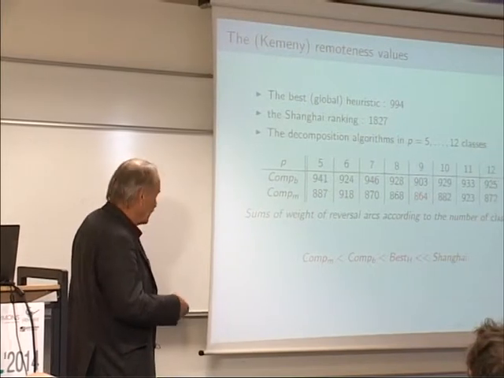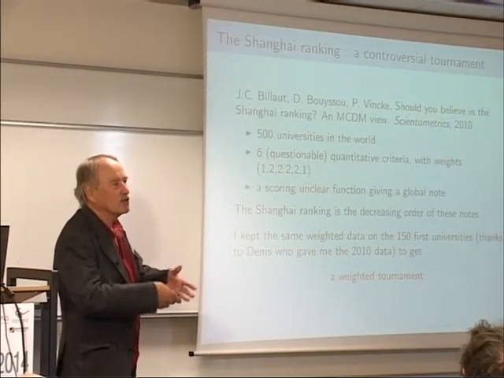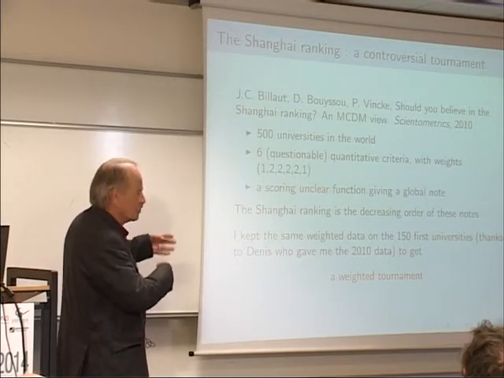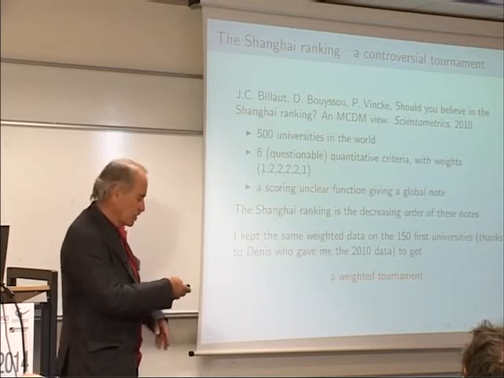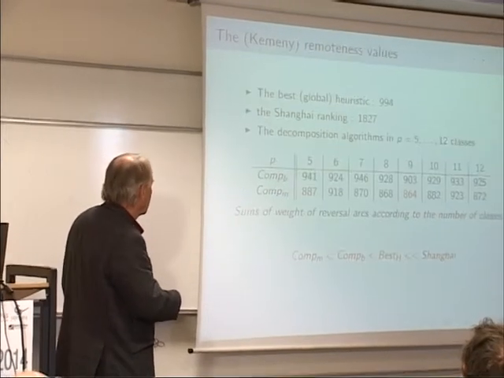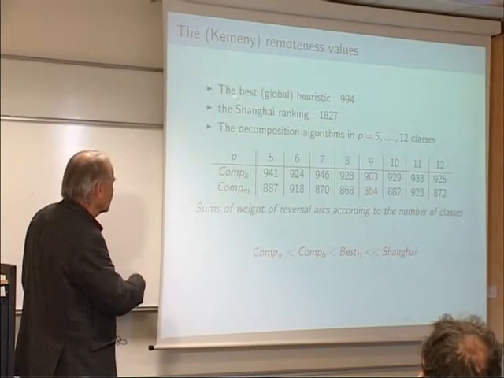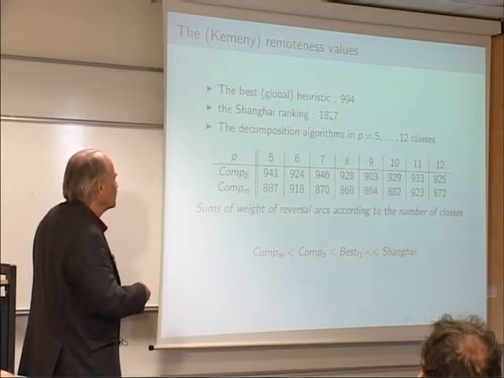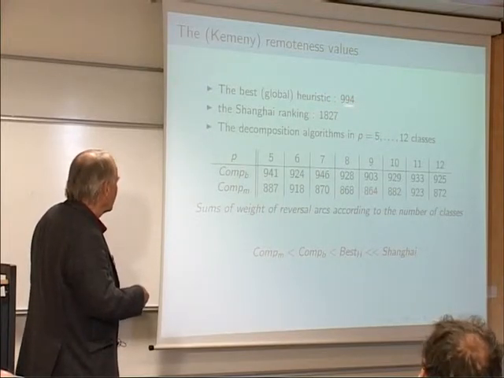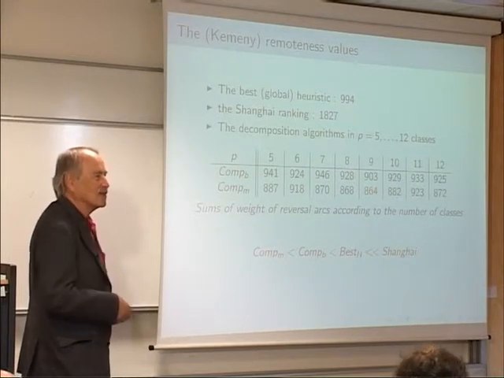And naturally, it's a weighted tournament, because I count the number of criteria, weighted, for which one university is better than another one. Okay? And so, what is the question? The global heuristic gives me a remoteness equal to 994. The Shanghai ranking is far from this tournament.